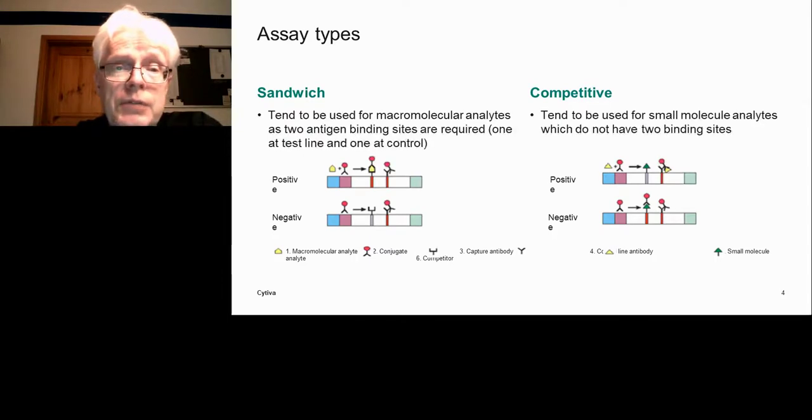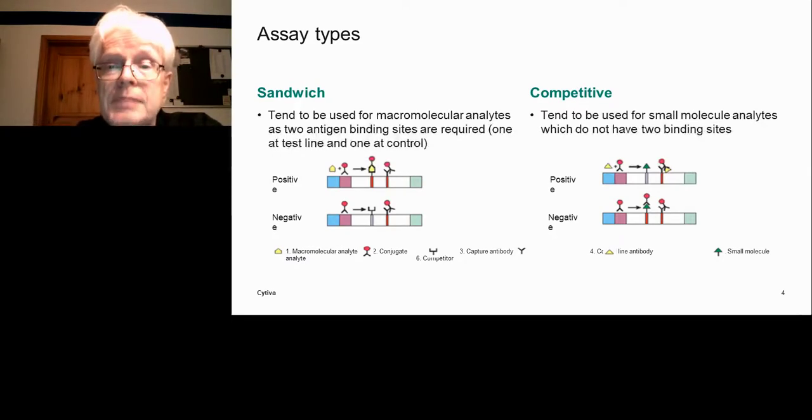That's being used if you can bind two binders to your specific target molecule. Binders can be antibodies, antibody fragments, affimers or aptamers. The point is that you can bind two of them independently to your target, and they do not interfere with each other. The other option is a competitive test.